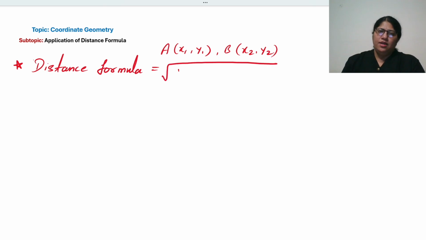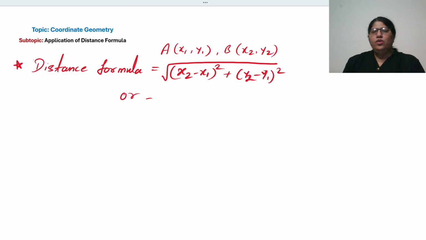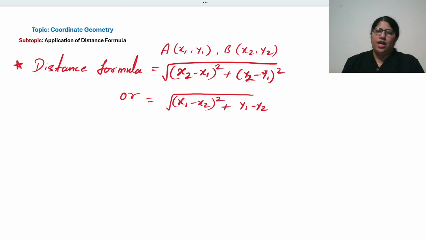You have already learned: square root of (x2 minus x1) whole square plus (y2 minus y1) whole square. Or I can use x1 minus x2 also, because it is whole square, it is not going to change your answer. So this is the distance formula.